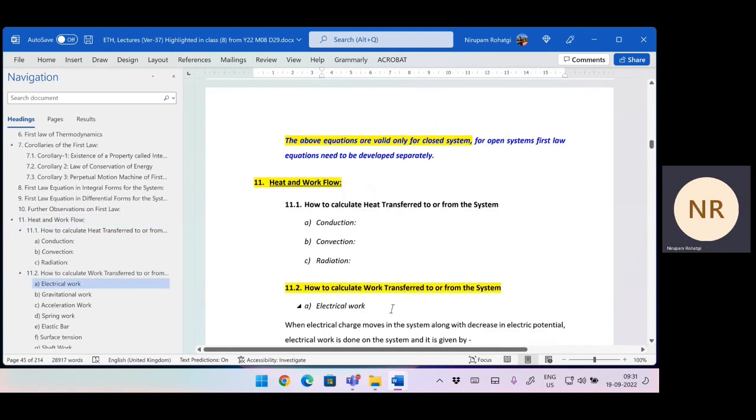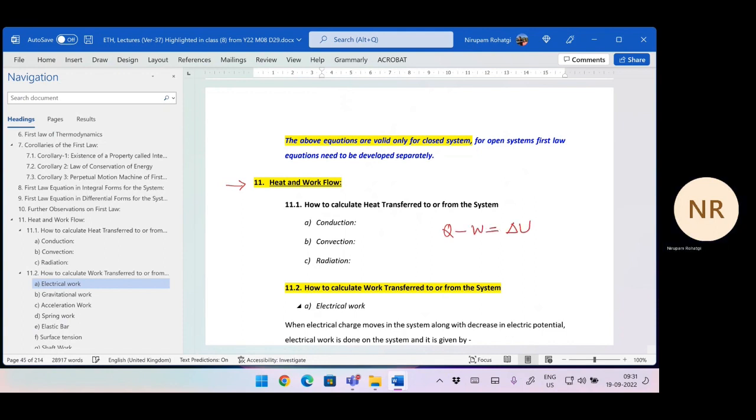Now we come to heat and work. So if you look at your equation, it is Q minus W is equal to delta U. Okay, so we must be able to calculate Q and W before we can do anything with delta U. If we want to apply this equation, we should be able to find out Q and W. Now heat flow, there are three methods: conduction, convection and radiation.